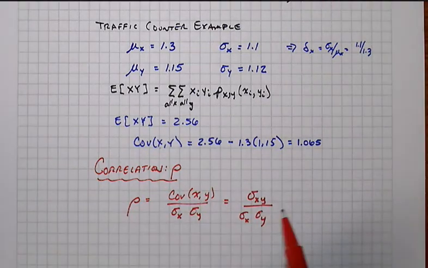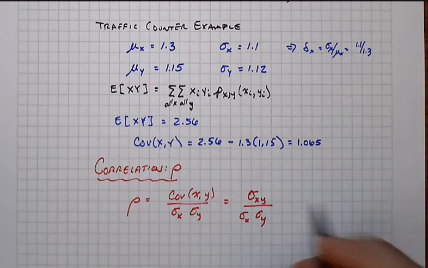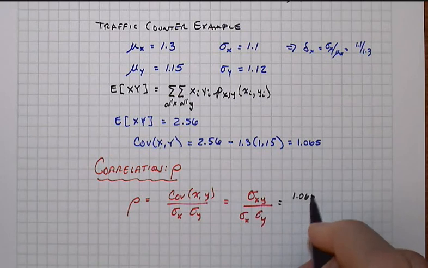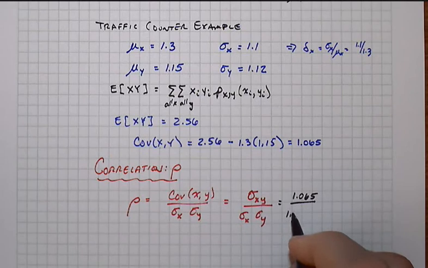That's why we use the symbol sigma for the covariance, because it's related to the standard deviations, and that makes a nice, simple, easy to remember expression. And so for us in this example, we'll have a positive covariance of 1.065 divided by 1.1 and 1.12.